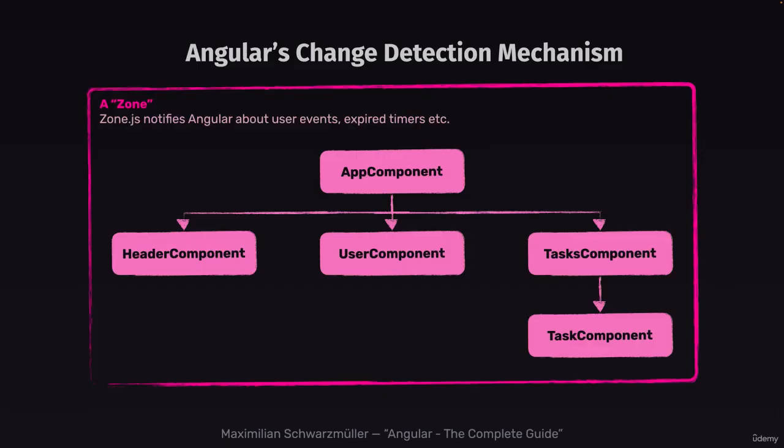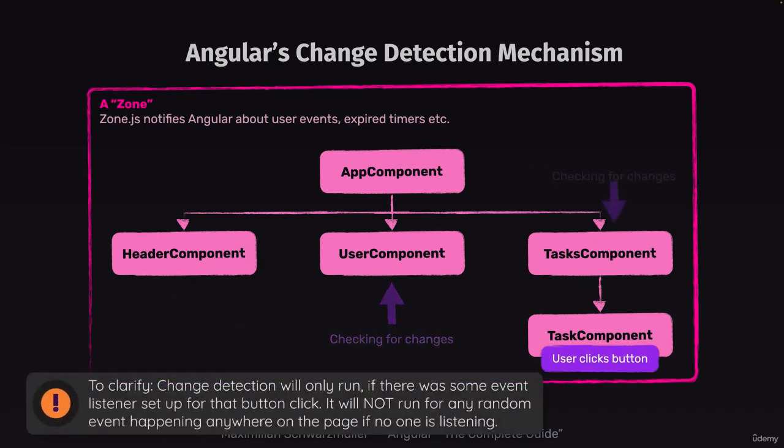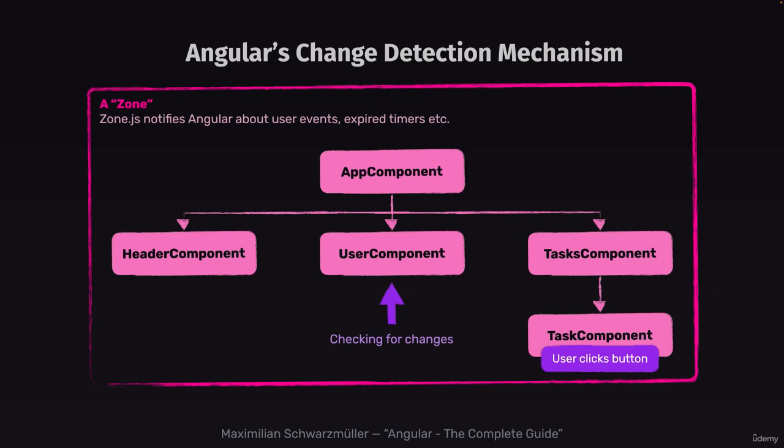For example, if a user clicks a button, Angular gets notified about that, and then its change detection process starts and visits all components in the entire application, no matter where that click occurred. It takes a look at all the templates there and all the template bindings. So all the uses of property binding and string interpolation and so on.